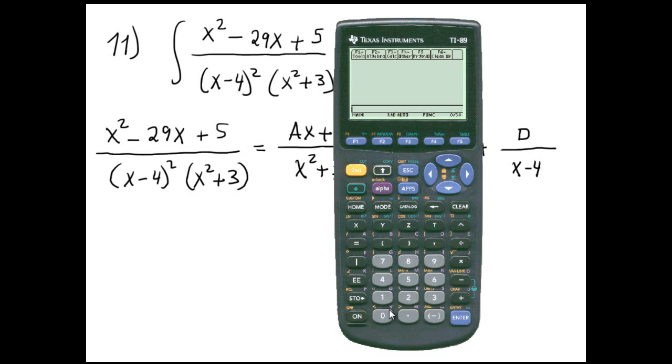Be careful with the parentheses. Open parentheses, I copy the original: x squared minus 29x plus 5.